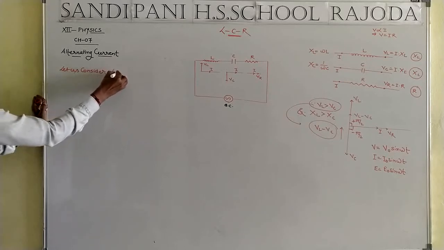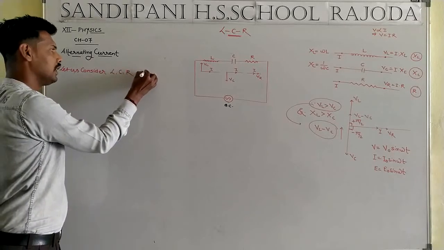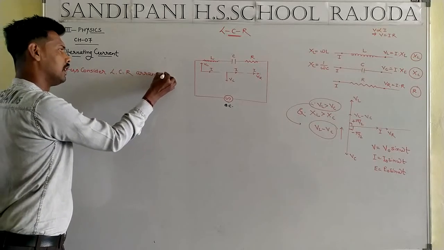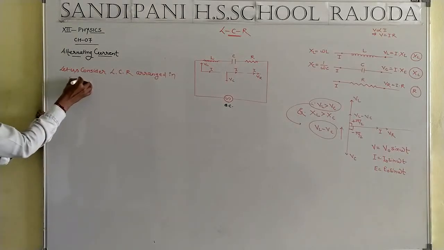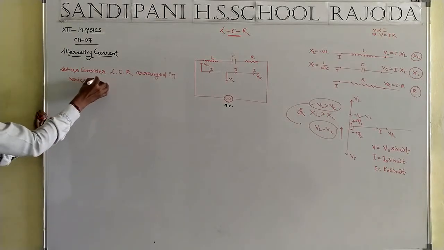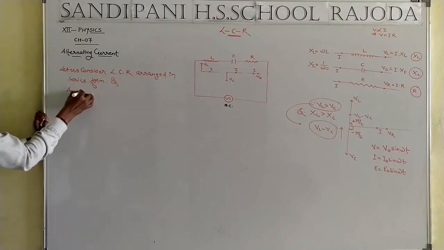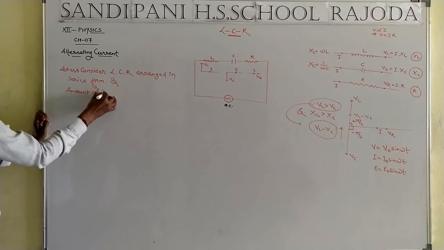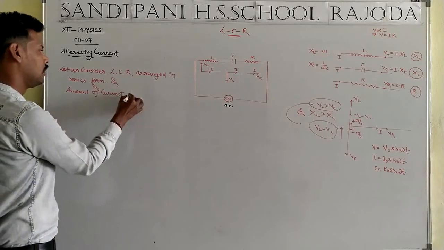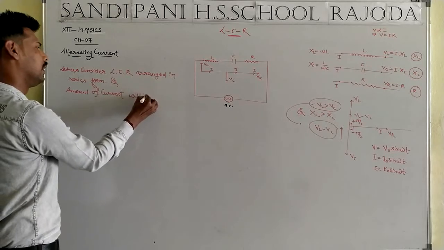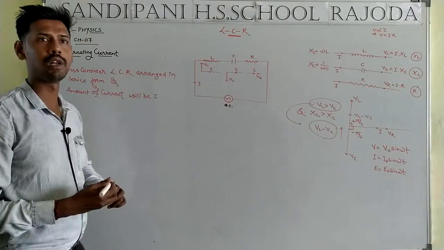Some explanation related to diagram. Let us consider capital L, capital C, capital R arranged in series form, and the amount of current will be capital I. First one, what is the meaning of the capital I?